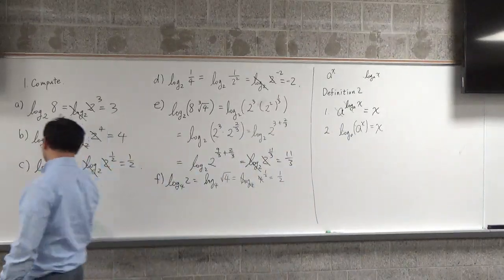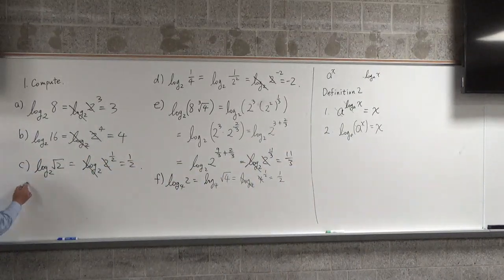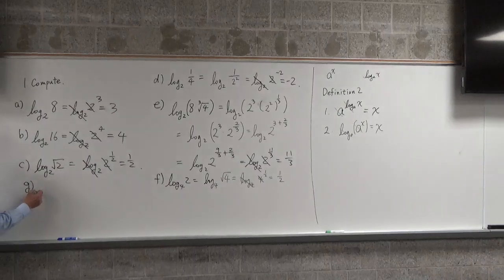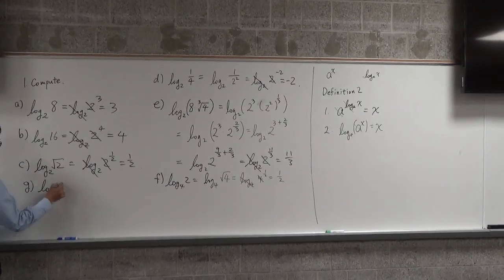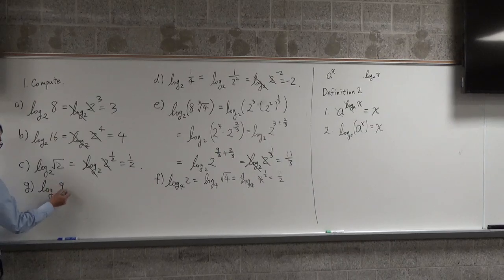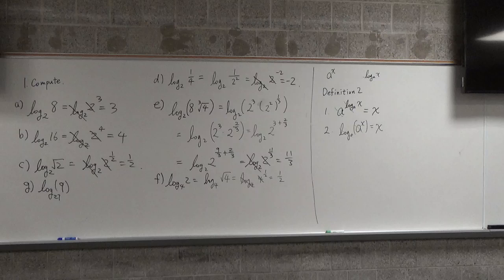Okay, now let's do, I don't have any more room, so let me write over here. What if you have log base 27 of 9? That's trickier than anything that you've done so far.